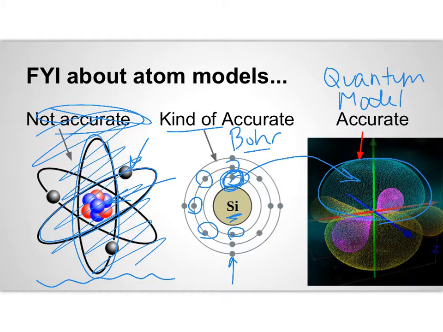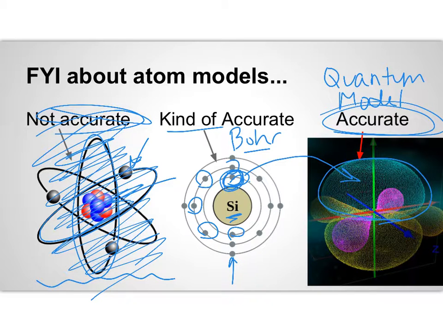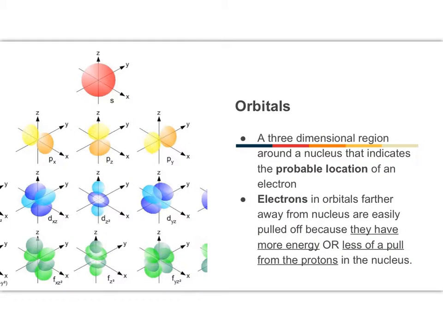We can't figure out exactly where, but we know it's existing somewhere in this three-dimensional region. So this is the most accurate. Again, you don't really need to know any details about that, but just be aware, like this guy over here, not accurate at all. The Bohr model is kind of accurate. The quantum model is the most accurate that we have.